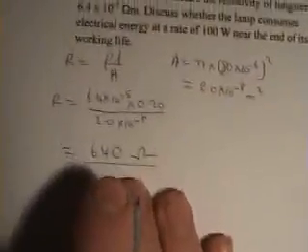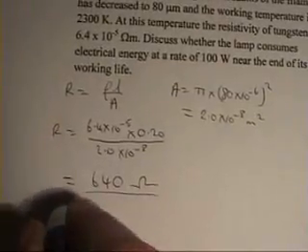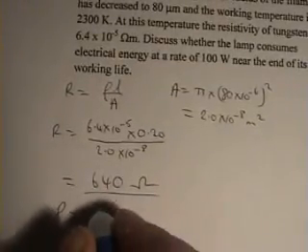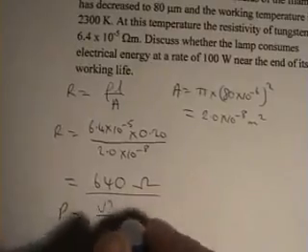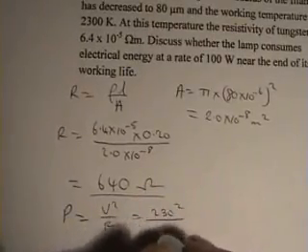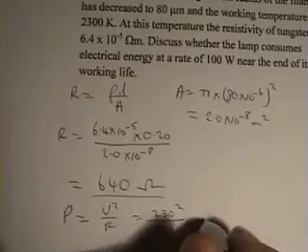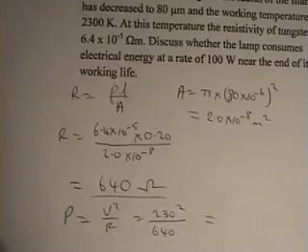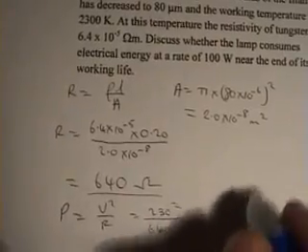So therefore, I get a new power of V squared over R, 230 squared divided by 640, which is 83 watts.